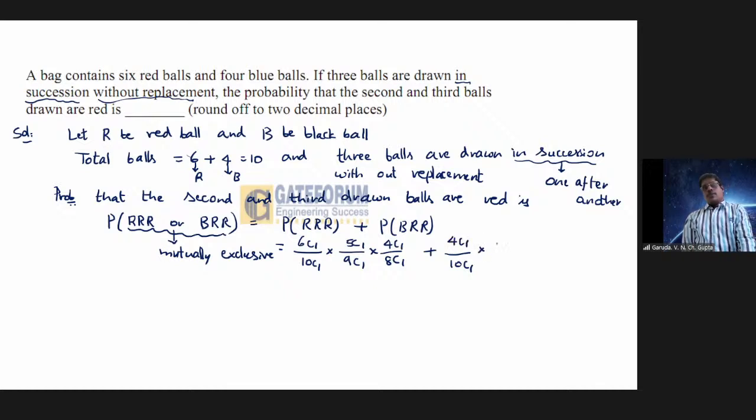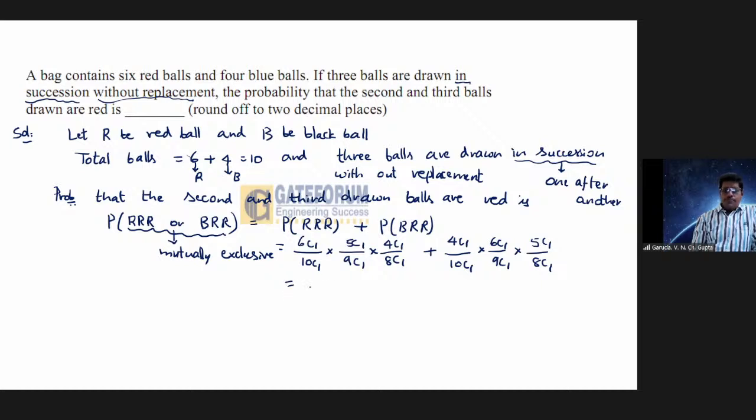So before picking the second ball, the bag contains 9 balls, of which 6 are red. So the probability that the second ball is red is 6C1 by 9C1. Before picking the third ball, the bag contains a total of 8 balls, and one ball can be drawn in 8C1 ways. And the bag contains 5 red balls, because the first red ball is drawn without replacement. The first red ball is not replaced in the bag. So there are 5 red balls before picking the second red ball, so it can be drawn in 5C1 ways.